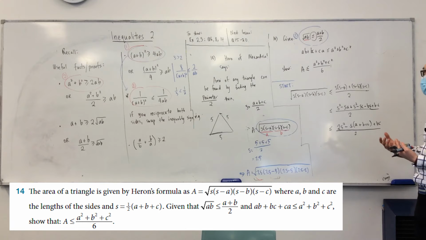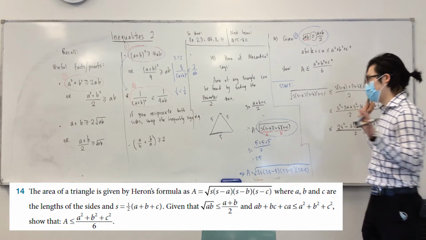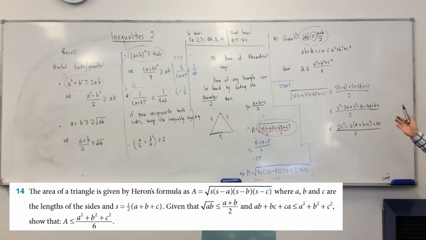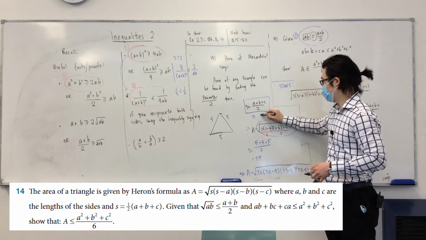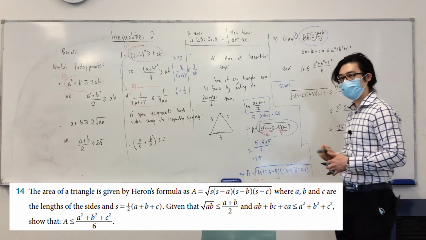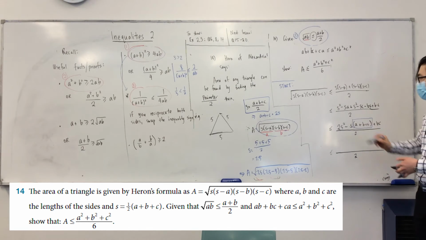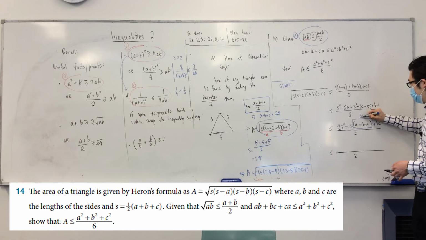So, what fact can I use now to further simplify that? Let me circle the... Okay, actually, I don't want to make it too obvious. Yeah. So now let's replace this with 2S.